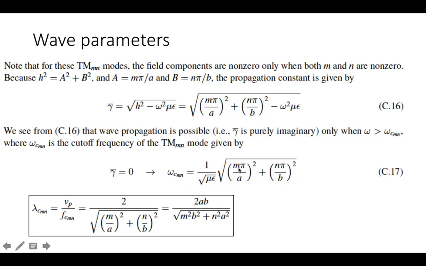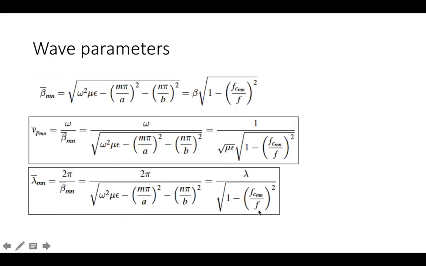Notice the pi has gone away, and notice the factor of 2 has shown up. So we've switched from radians per second to hertz, and here we're talking in terms of f. If you solve then for the cutoff wavelength, you get the following expression: 2ab over the square root of m squared b squared plus n squared a squared. Sometimes it's more convenient to talk about a cutoff wavelength.